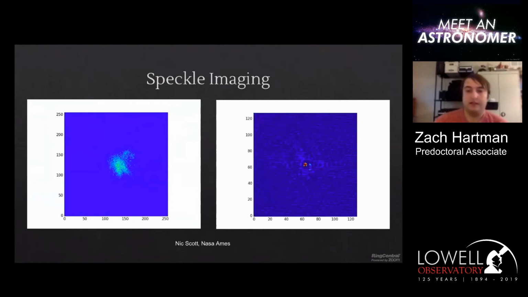Then as you add more and more to the analysis, you start to see, oh, there's a pair right there. This is how we are working with speckle imaging to resolve these pairs. We're taking these short frame images and using Fourier transforms to reconstruct the image. And thank you to Nick Scott for providing those videos.